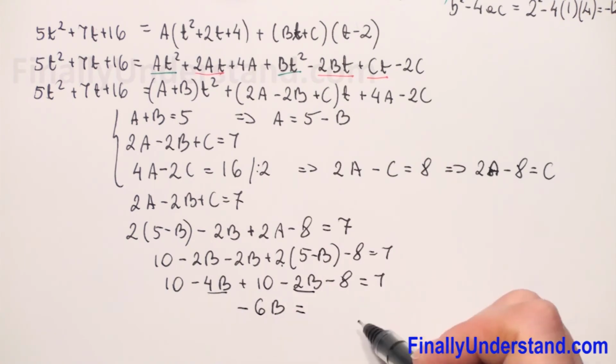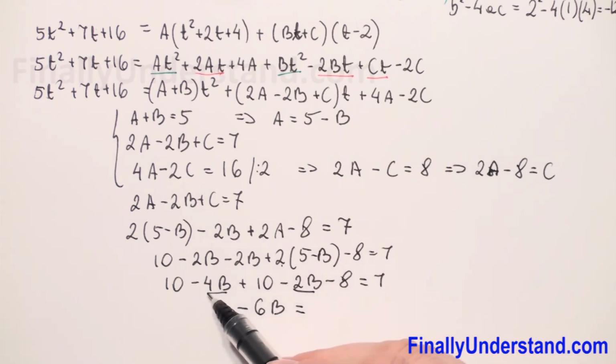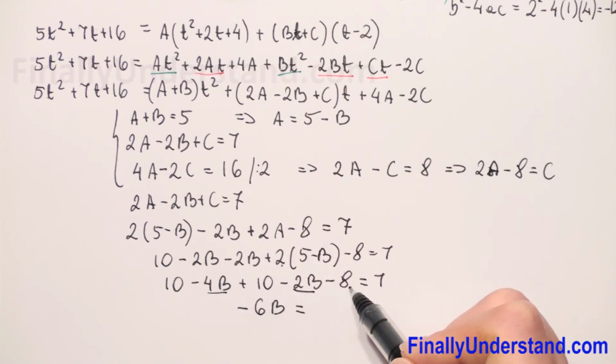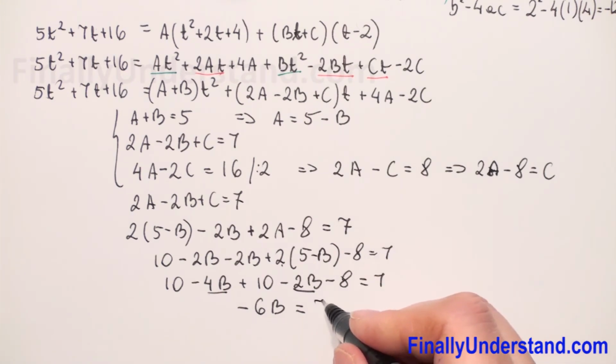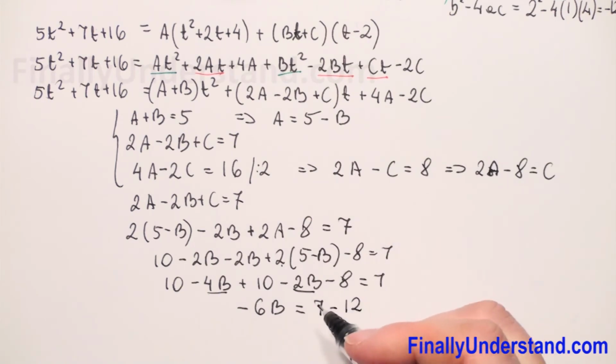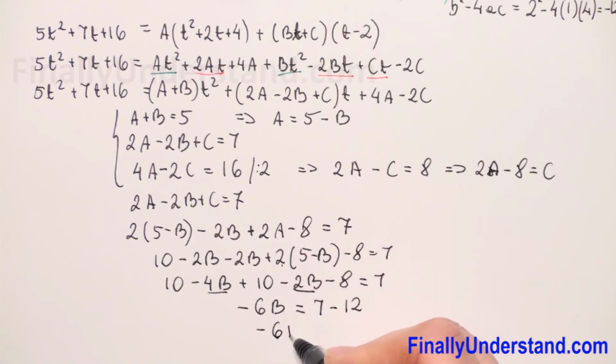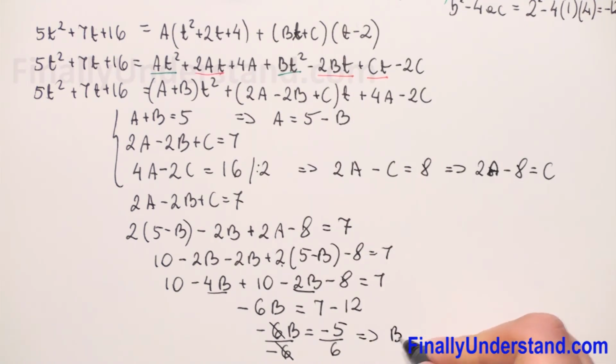And I will move the numbers to the right side, so we have 10 plus 10, 20, minus 8 is 12, so it will be 7 minus 12. So we have negative 6b is equal 7 minus 12 is negative 5. So now I will divide both sides by negative 6. Negative 6 and 6 will reduce, and we have that b is equal negative 5 over 6.